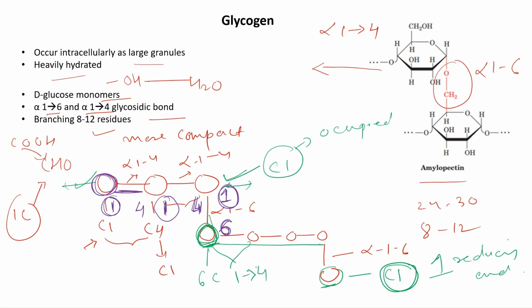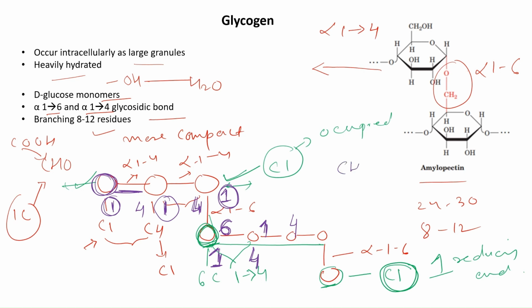Now for this sugar, the sixth position is occupied with the first carbon of the above sugar. But in the case of the linear chain, again the first carbon here is bonded with the fourth carbon of the next sugar. Again for this sugar, first carbon, fourth with this carbon. So this process continues. So for none of the glucose is the first carbon free.